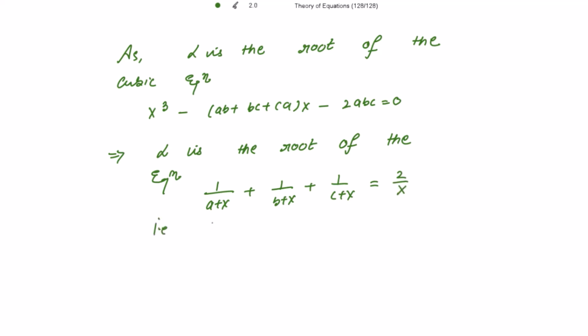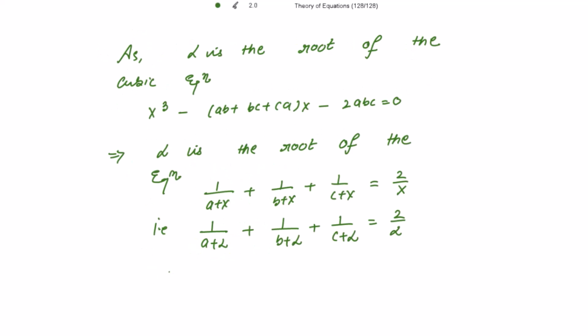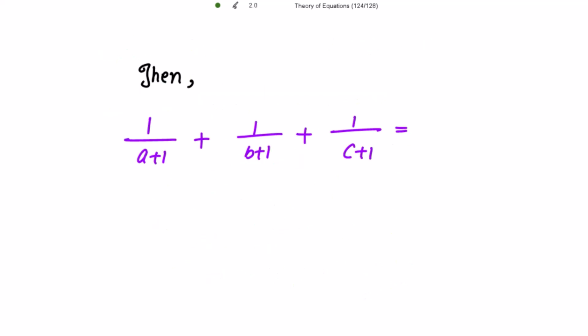That is 1 divided by a plus alpha plus 1 divided by b plus alpha plus 1 divided by c plus alpha equal to 2 divided by alpha. And what is the value of alpha? It is equal to 1. So writing alpha as 1, we get 1 divided by a plus 1 plus 1 divided by b plus 1 plus 1 divided by c plus 1 equal to 2 divided by 1, that is 2. This is what we require. Hence, the solution to the required result is 2. Thank you.